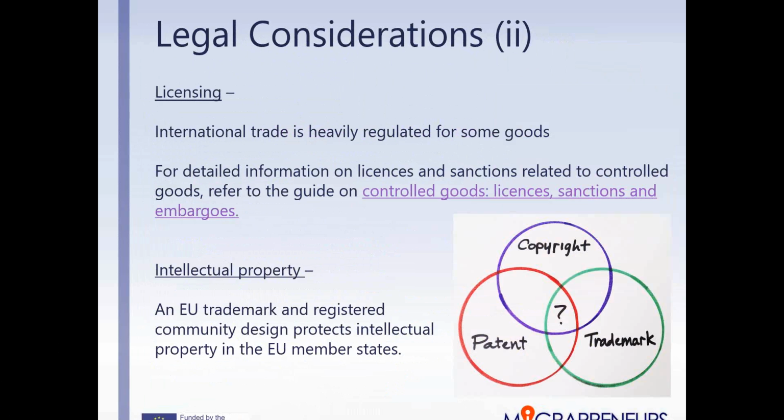There's a guide to refer to in terms of the licences that you will need, and charges like excise, customs duty and so on. The link to that guide is here in this presentation, which, as I said, we will share with everybody on the website and on the Microplayers online hub.